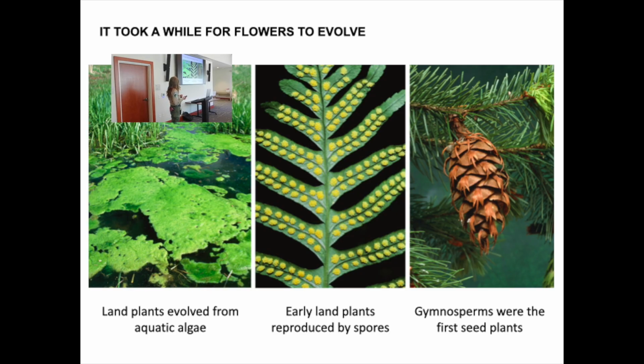So all of the plants were in the water, and there were algae, like filamentous green algae, that eventually started to creep up on land. And they eventually evolved into the early land plants, like ferns and mosses, things like that we're familiar with now, and some other stuff. And all of those early land plants reproduced by spores.